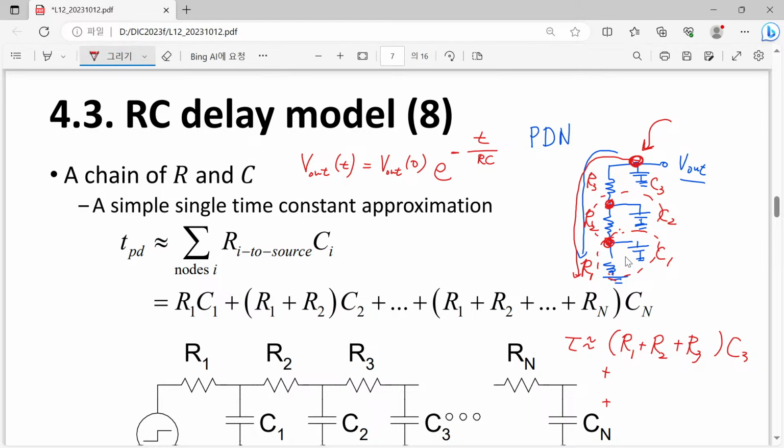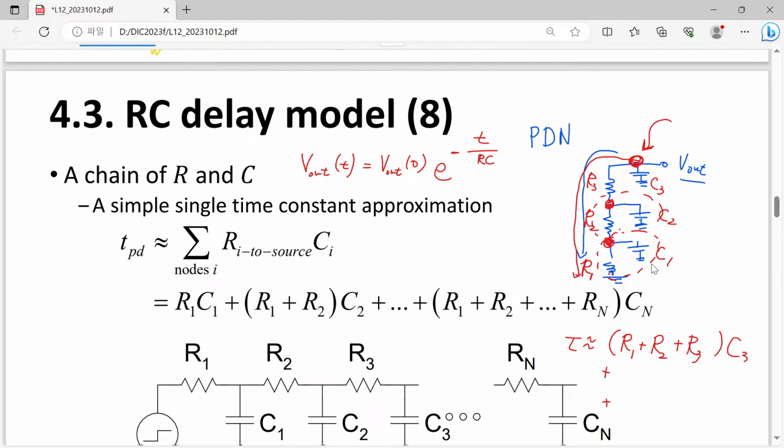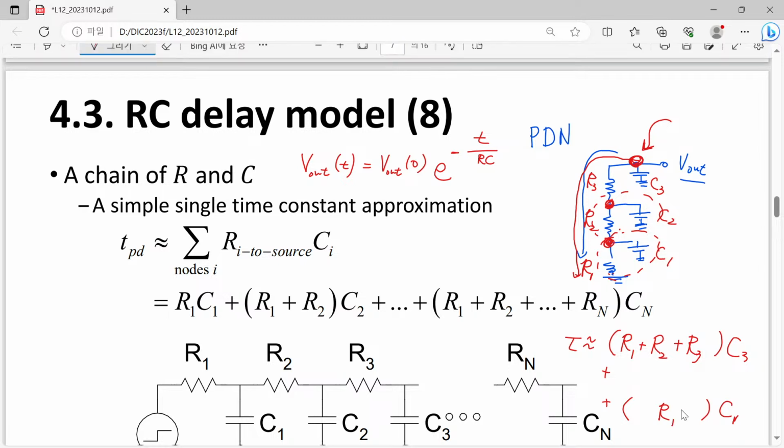Think about this case. If we have only R1 and C1, then in order to discharge C1 first, we have a time constant of C1 times R1.